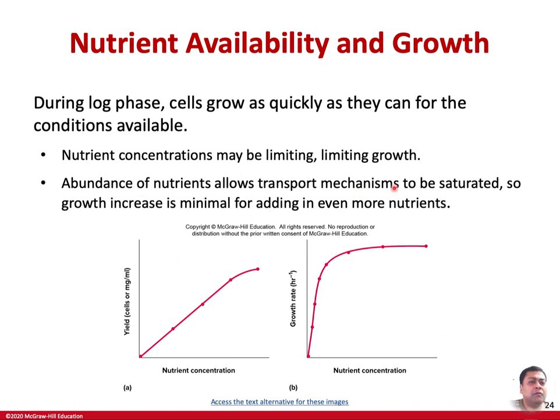The abundance of nutrients allows the transport mechanism to be saturated, so the growth increase is minimal when adding more nutrients. So what do we mean by this? Suppose you have a specific amount of glucose in the media. You are increasing the glucose concentration, but the population and each cell have a specific number of glucose transporters on its plasma membrane.